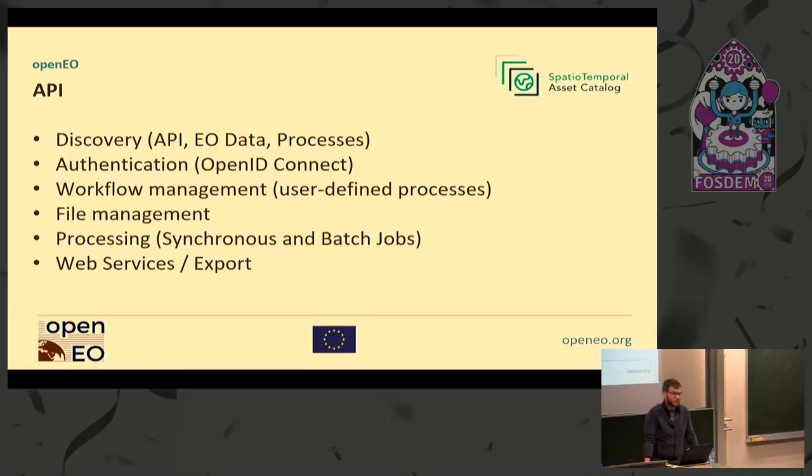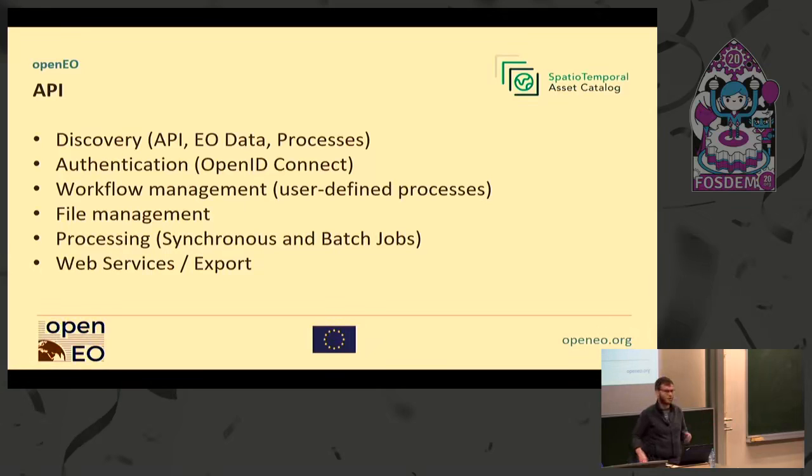Then there's file management, where you can basically upload assets if there's a GeoJSON file that you need to pass or something like that, or whether there's things that you want to download. All is handled via a central file management API. Of course, then there is a processing service. You can either process synchronously, so then you basically send the things to the server and immediately, or in a matter of seconds, hopefully, get a response back with a result.